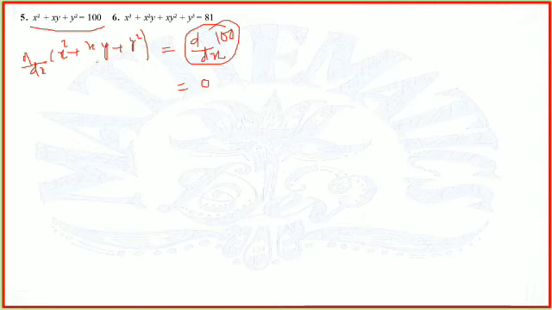Now coming back to the left hand side, x and y are in multiplication form, so here we will apply the product rule of differentiation, first function and second function, and here we have x and here we have y.